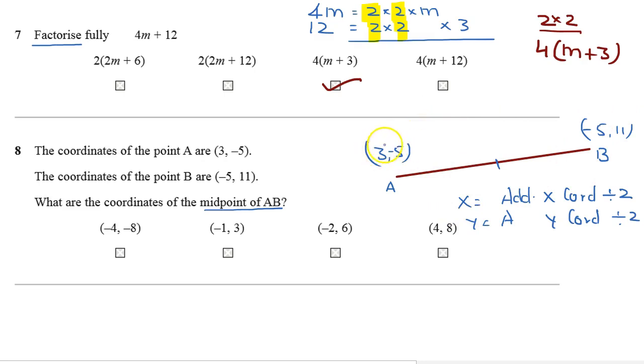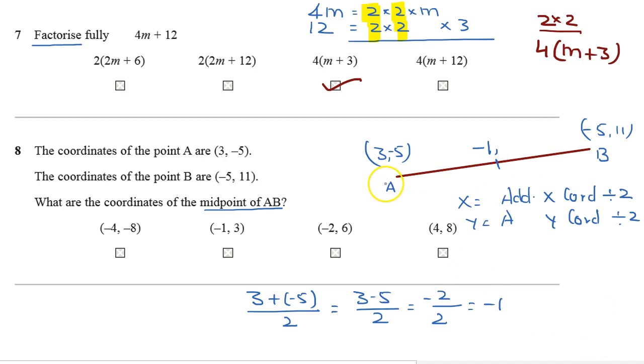So 3 plus minus 5, and divide by 2. So that is 3 minus 5 divided by 2. That is minus 2 divided by 2, so it is minus 1.